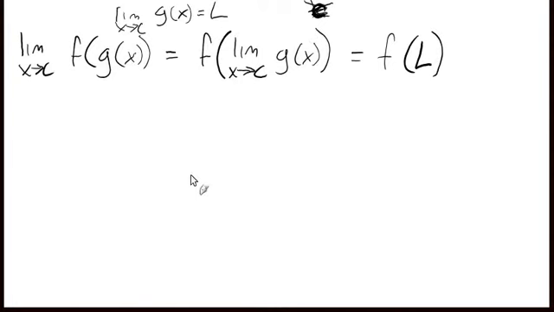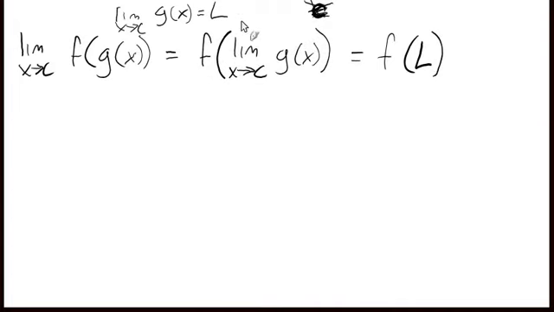Okay, so here's what it's saying. If we're finding this limit and we have a composition of functions, then we could just kind of move the limit in here with g of x, and if we know this limit, we can take that limit. That limit's going to be a number.